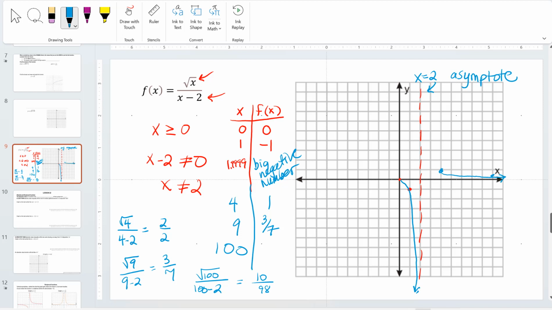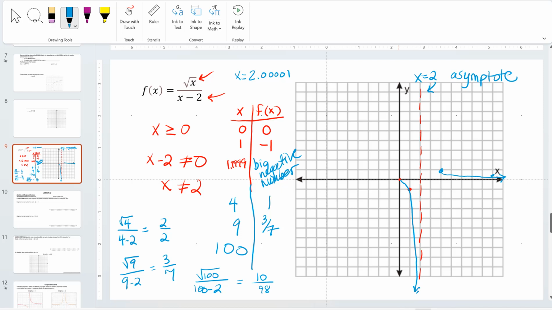Well, what's happening as we go from 2 to 4, which we already have a dot for 4? Let's see what happens as you get closer and closer to the number 2 for your x from the right side. So say you have x equals 2.00001. All right, we'll try plugging that in.